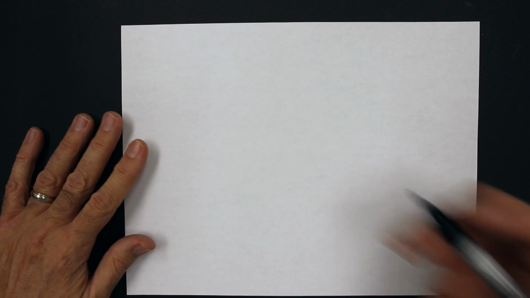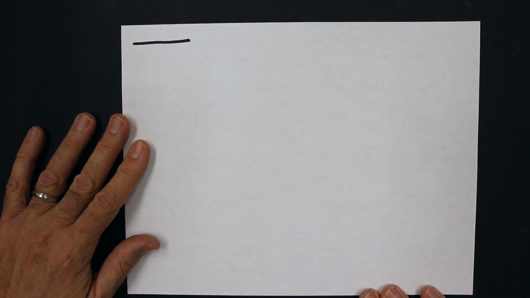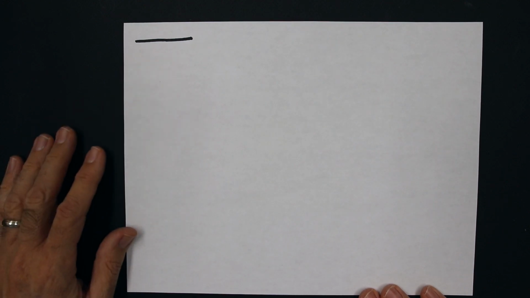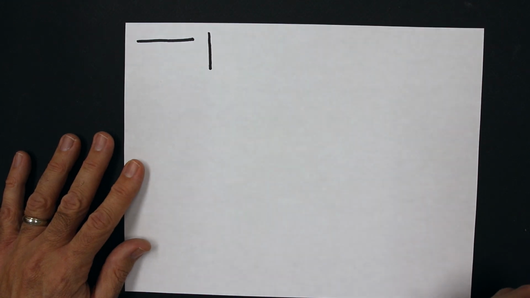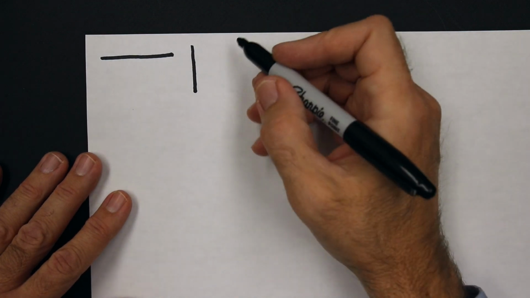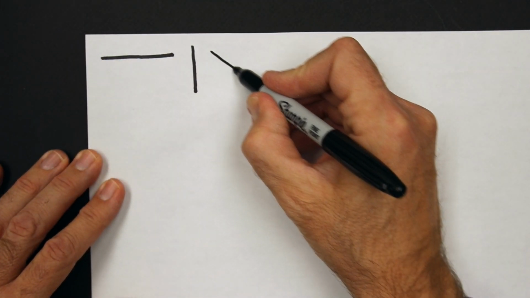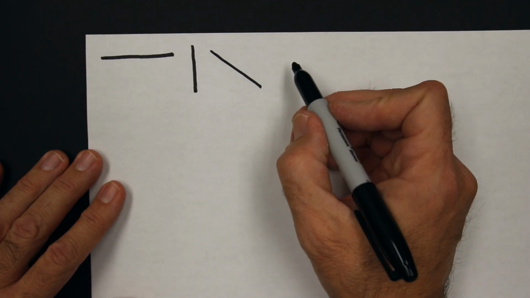All right, let's talk about some lines. Let's go ahead and just kind of experiment. One of the basic lines you'll make is a straight line. That's a horizontal line going from left to right. You could also make a line going straight down, and that is called a vertical line. What other lines can we make here? How about a diagonal line, right? Let's see, what else?